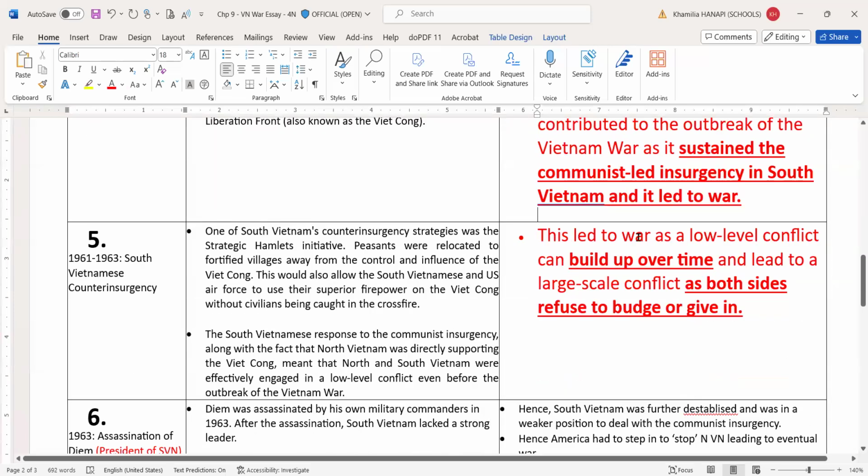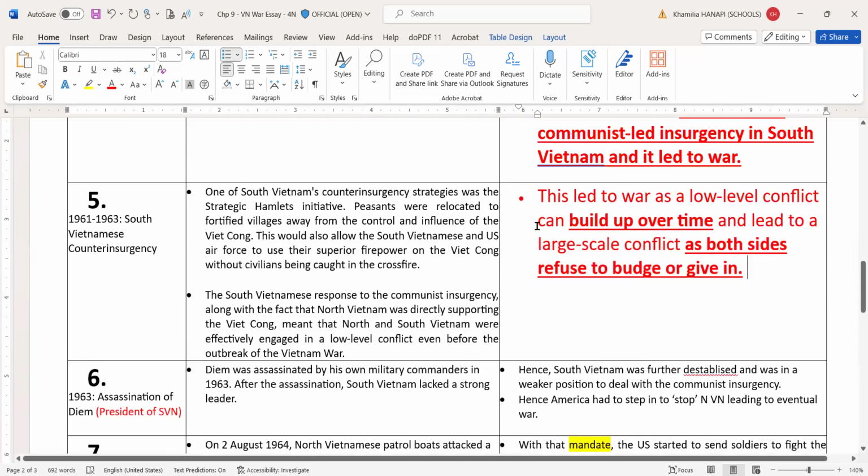This war was a low-level conflict, but it can build up over time because both sides refuse to budge. So when both sides refuse to budge or give in, it may lead into something more complicated, and that's why it becomes a war. So again, pause here, copy this in your deck of notes.